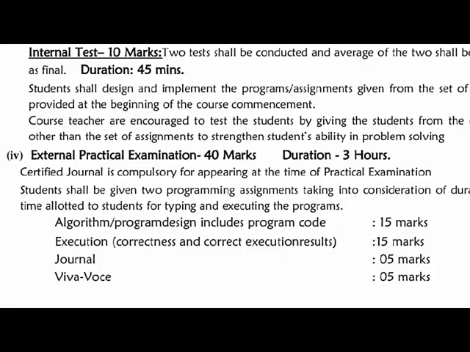Like that, for practicals also you will get 2 lab programs out of 17 lab programs. You have 5 marks for your journal, 5 marks for your viva, 15 marks for your program construction or circuit design, and 15 marks for your execution. It becomes 40.